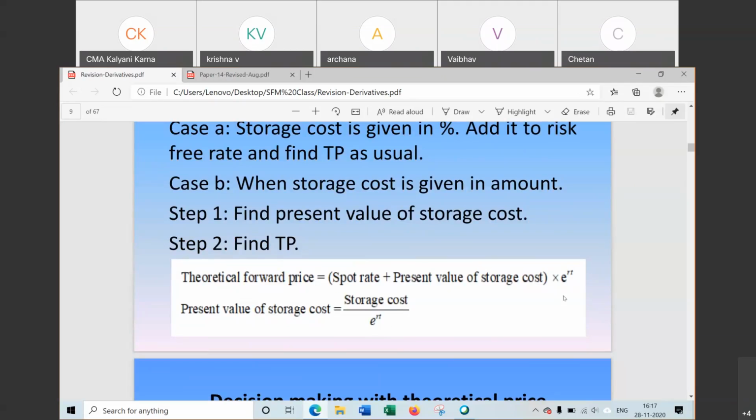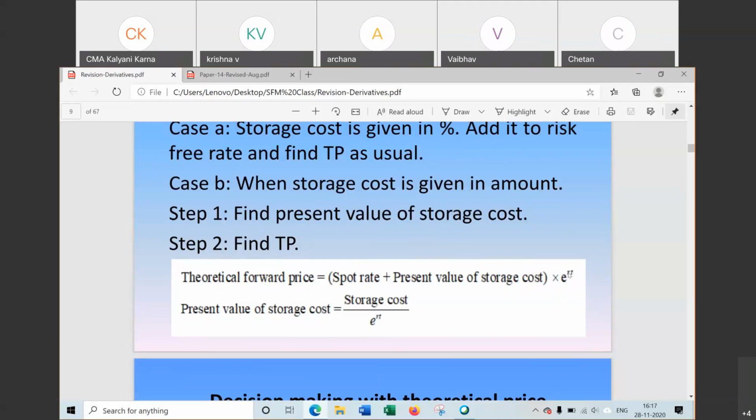But when storage cost is given as percentage, we don't need to find this step, present value of storage cost. We will skip this one. Simply add the storage cost rate to this R value.